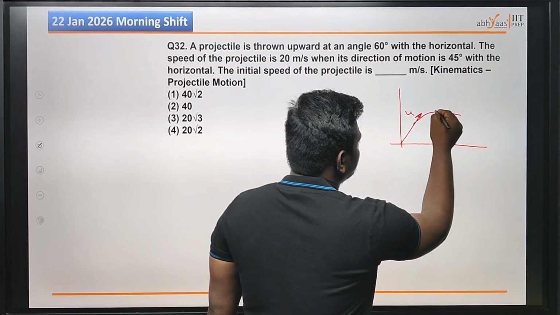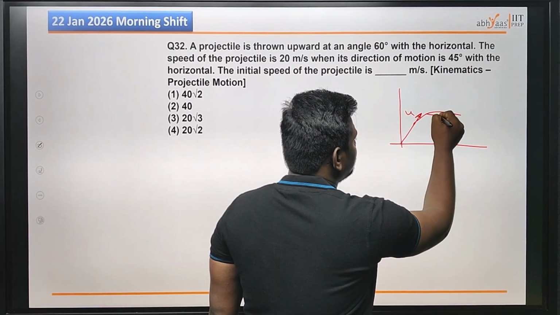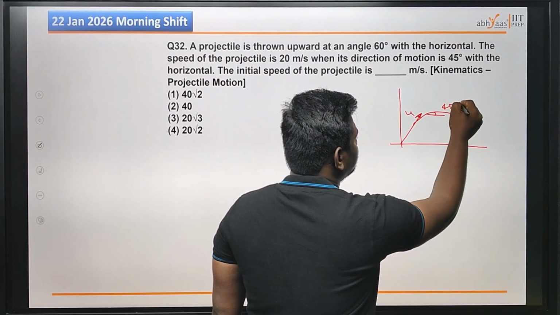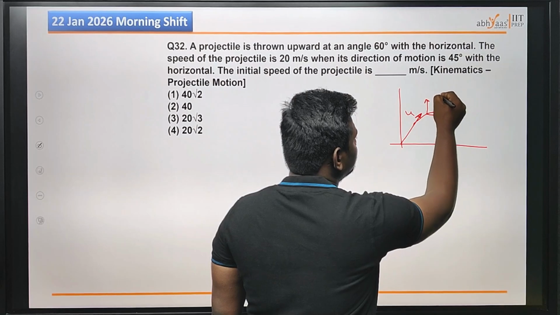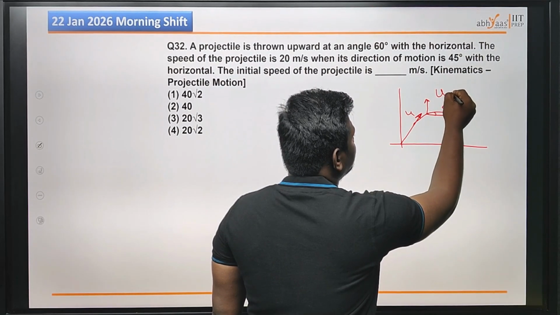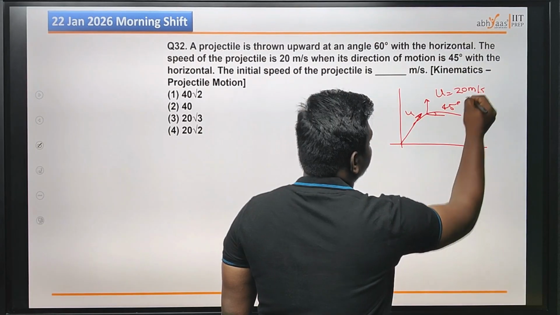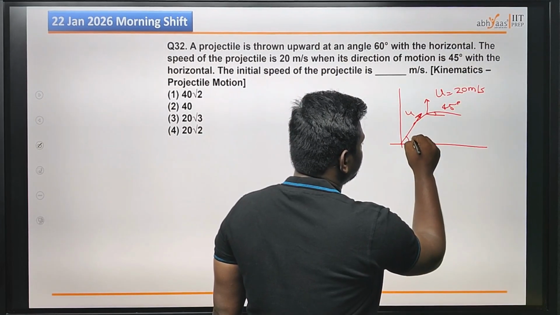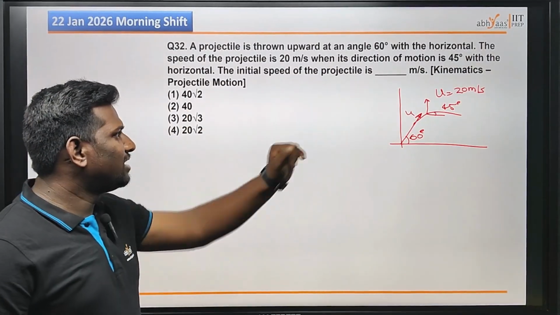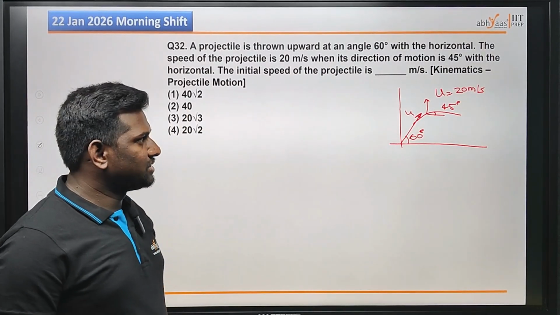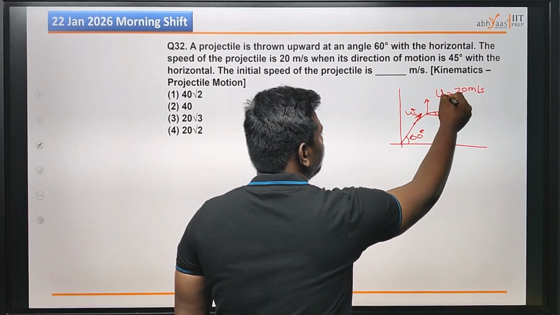It is moving to some point where it has theta 45 degrees and velocity 20 meter per second, and the initial angle is 60 degrees. Then you have to find the initial velocity. Take this as initial velocity and this as final velocity.